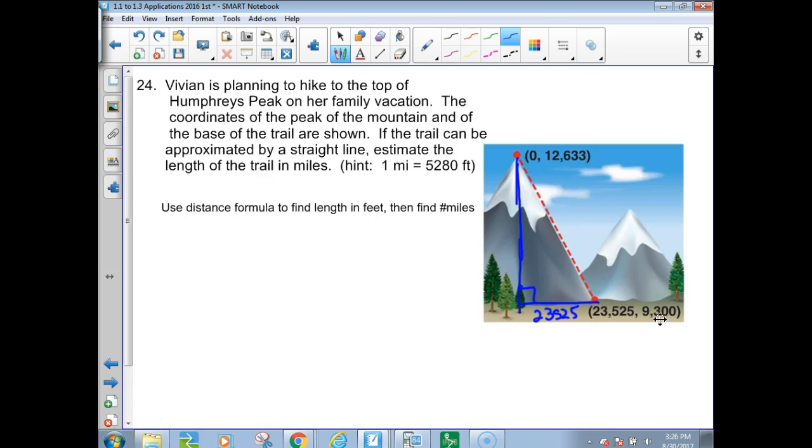However, the base of it is already at 9,300 feet. We would actually have to take the 12,633 and subtract 9,300. So we could get this number right here. What would that be? 3,333. Bunch of 3s.